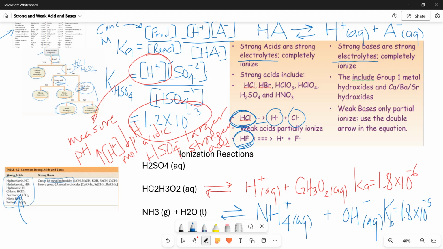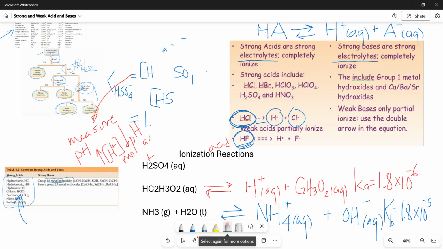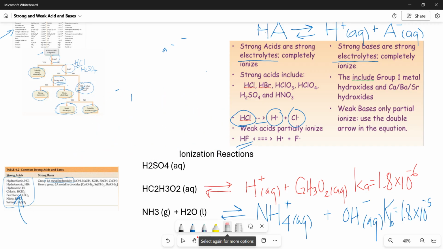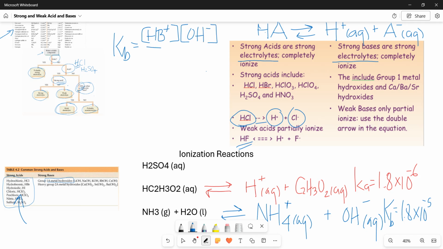So we talked about Ka up here, let's talk about Kb. It's very similar. It's going to be the product over the reactants. Kb is going to be the base that has gained a proton, so BH plus, times the hydroxide ion, all over B. I'll draw the equation here generically so you can see it.